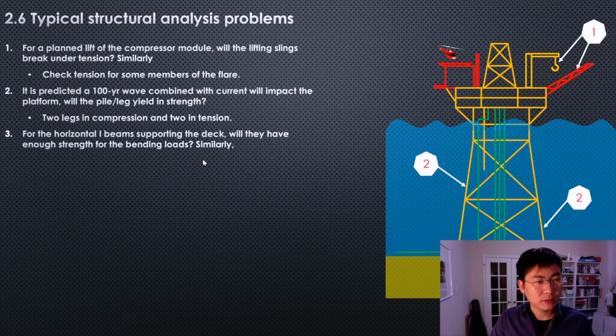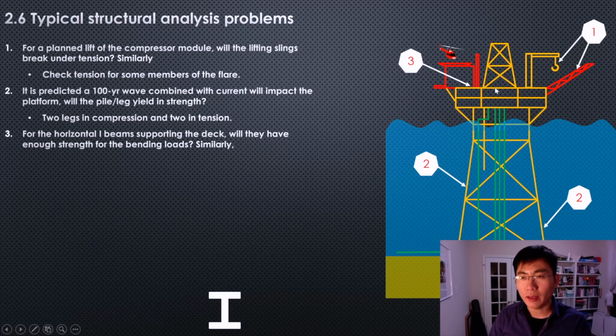Next typical structural analysis question is, for the horizontal I-beam supporting the deck, will it have enough strength for the bending load? We talk about it here. So this beam member is supporting the derrick. Is the derrick too heavy for this I-beam? The way we do it is to calculate the bending moment and compare that with the capacity, similar again.